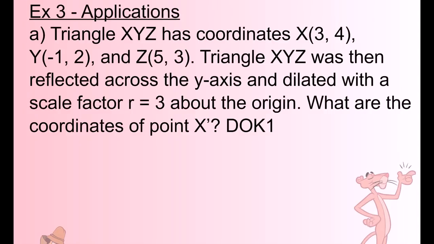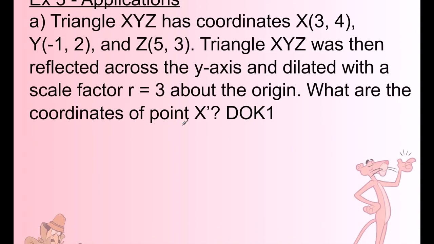Okay, a little image might help us, a little model. So 3, 4, yes, 1, 2, 3, 1, 2, 3, 4. That'd be X, and Y would be -1, 2, and Z would be 1, 2, 3, 4, 5, 1, 2, 3.